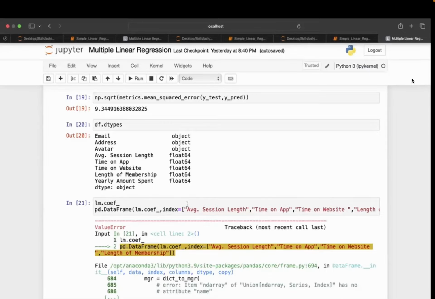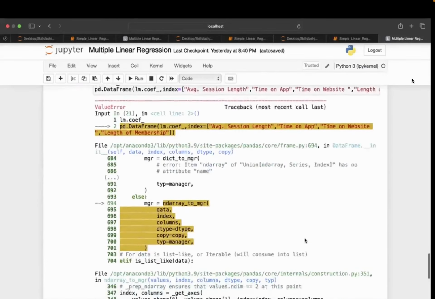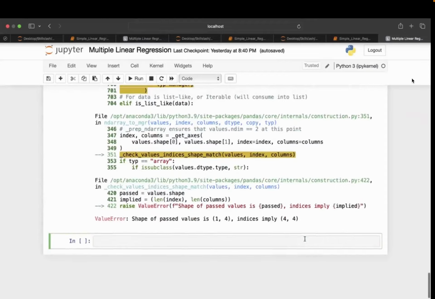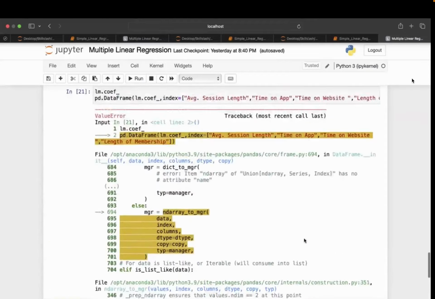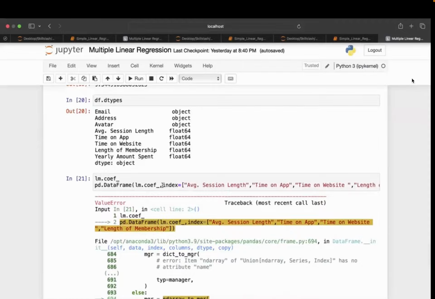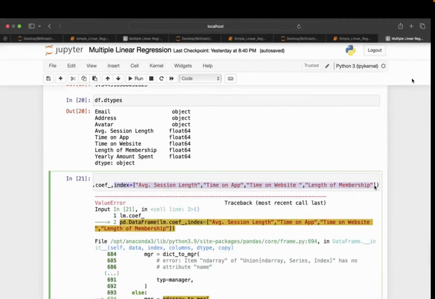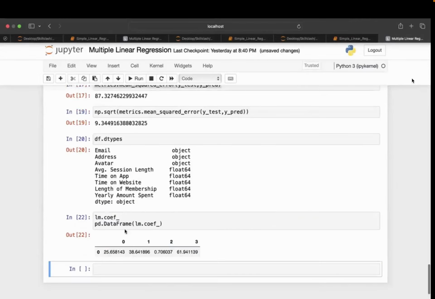And I have mentioned everything. Oh, I forgot to close the bracket. Now. Okay, just a second. I'm cutting this as of now. Let's see what this is going to print.